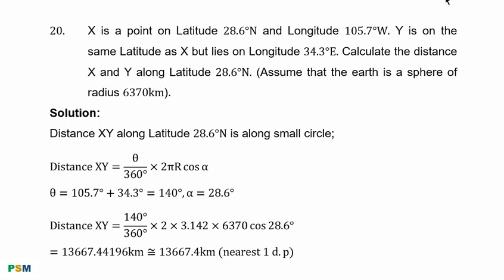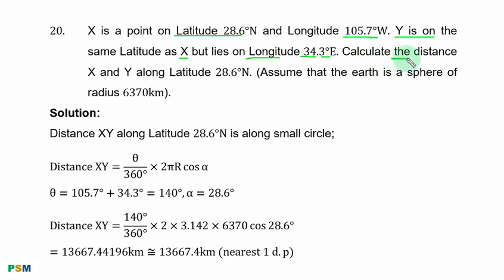Example 20. S is a point on latitude 28.6 degrees north and longitude 105.7 degrees west. Y is on the same latitude as S but lies on longitude 34.3 degrees east.